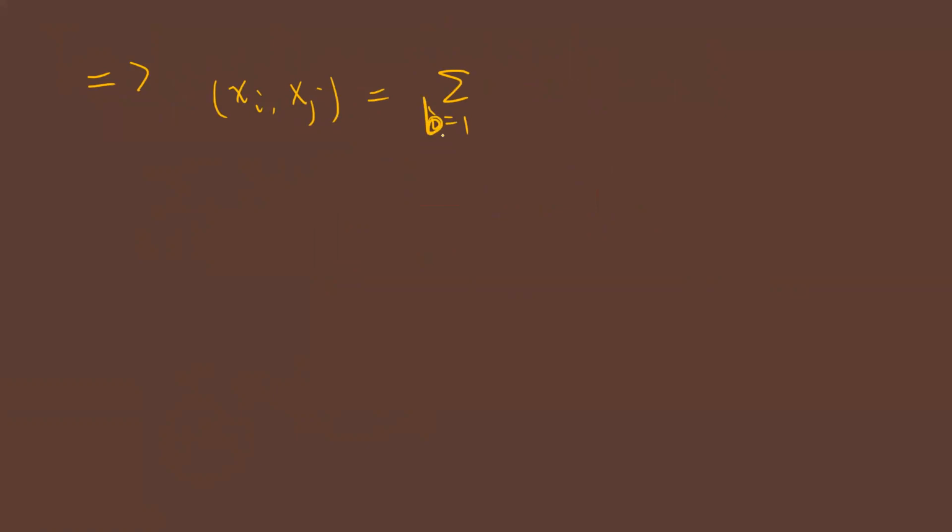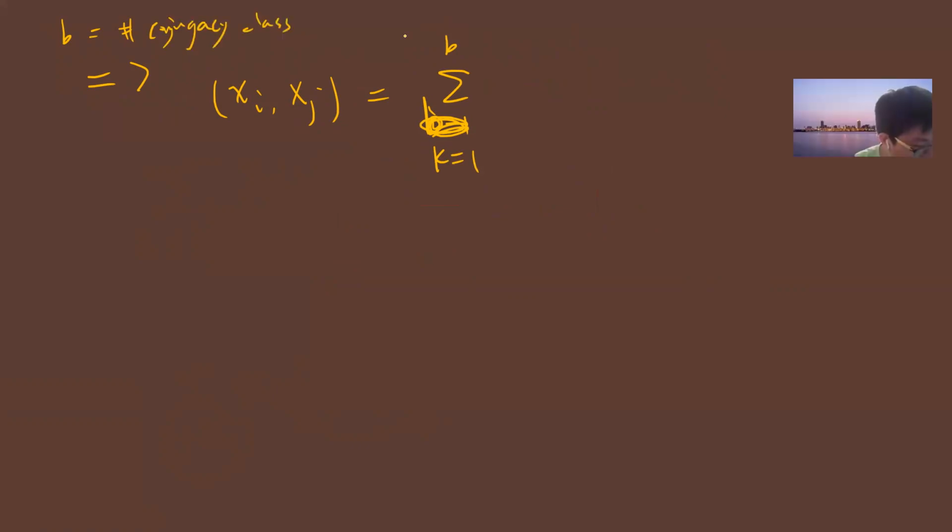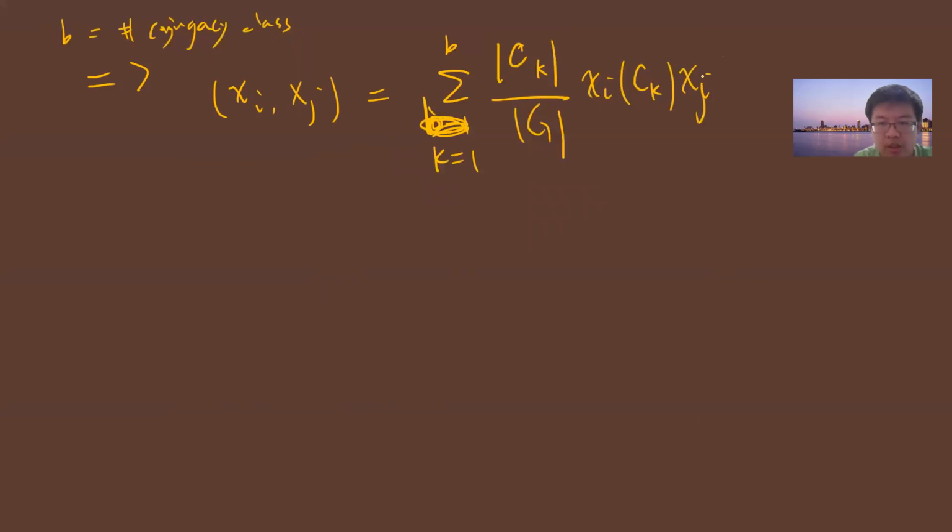Let's say k from 1 to B, where B is the number of conjugacy classes. Sorry about the confusing notation. I now denote this as C_k, the size of the conjugacy class corresponding to k, and this is chi_i(C_k) times the complex conjugate of chi_j(C_k), which is delta_ij.